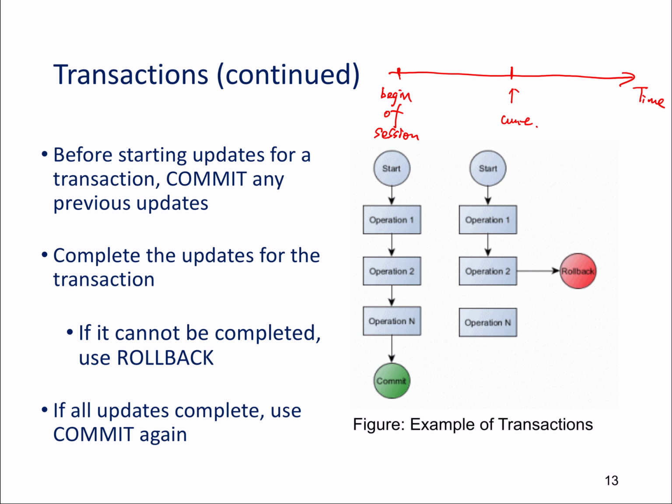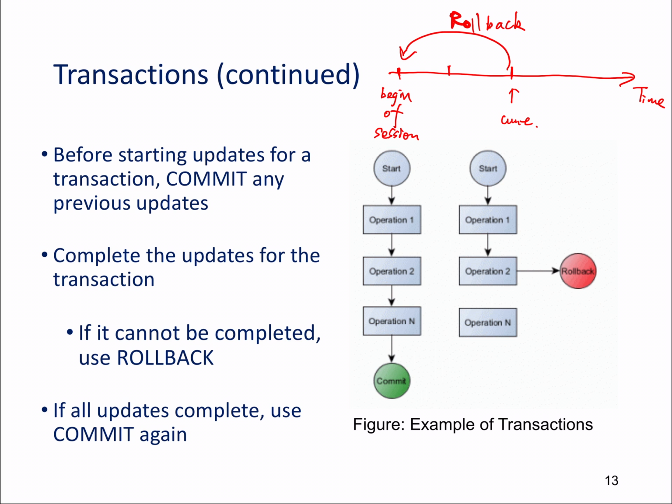If you have not made any commit from the beginning of your login session to the database until now, and you make a rollback, this will roll back to the beginning of this session.